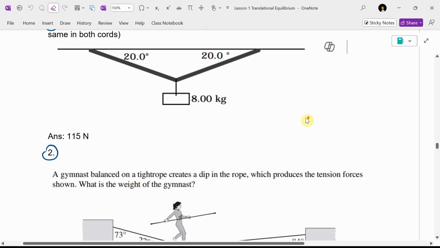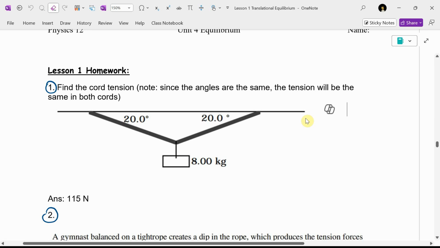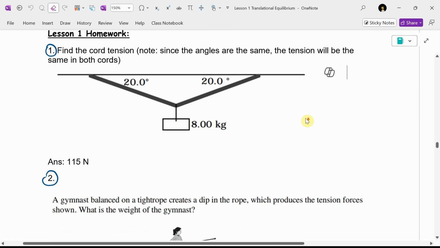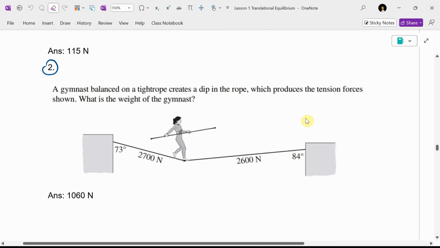Number 1, you only need to find one of the chords because both angles are the same. 2 is interesting. Here they're asking you to find MG. I kind of have done it in my head, I think. I don't think you'll need to add both of the 2700 and the 2600. I think one will get you there as long as you have the angles right.